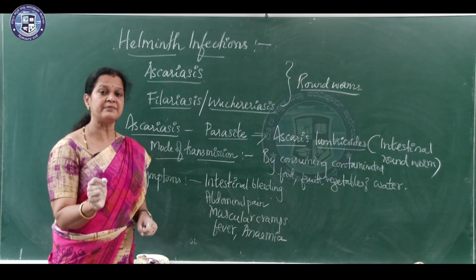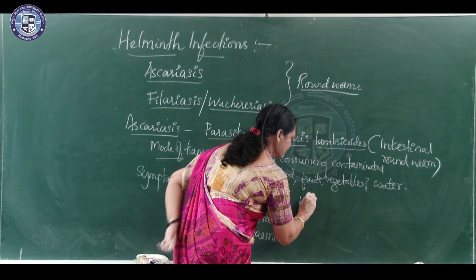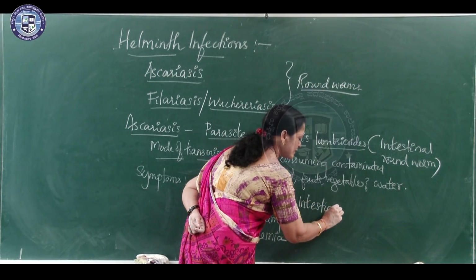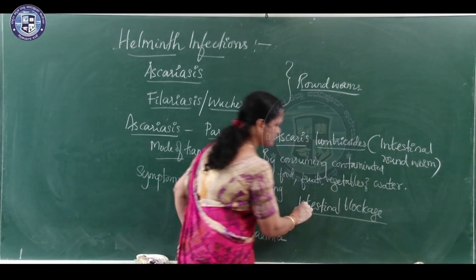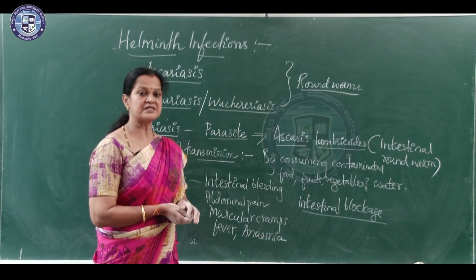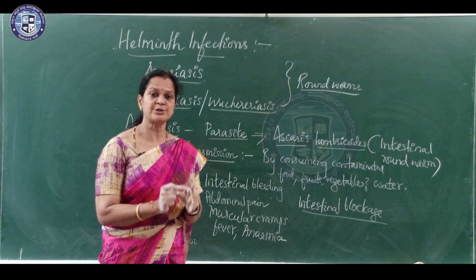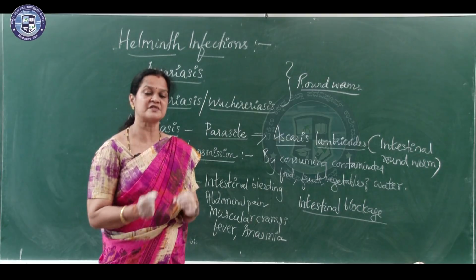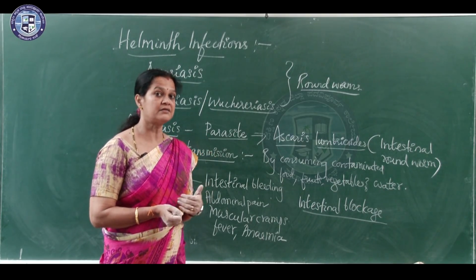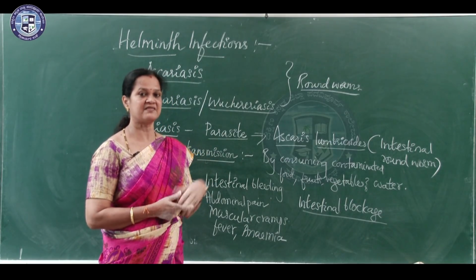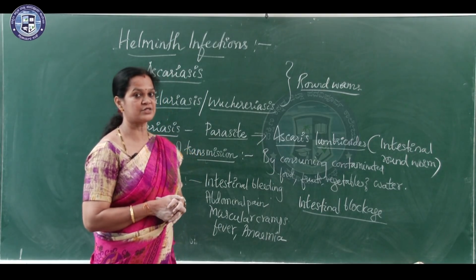Apart from that, there will be intestinal blockage in severe types of infection. The worm is large in size, so at least 8 to 10 worms, or 10 to 15 worms, will be there in the intestine, and here it will block the intestine. This usually accumulates in the large intestine.